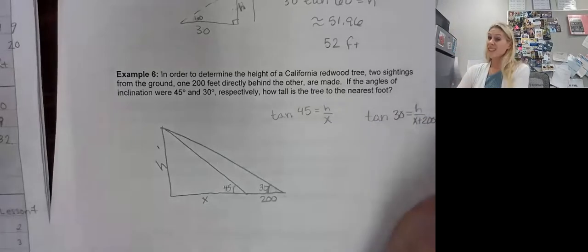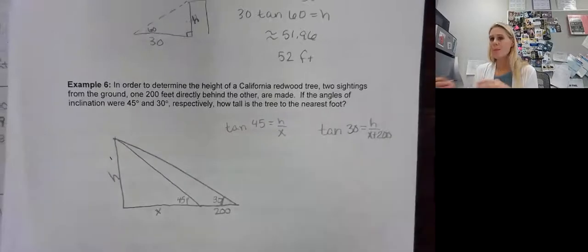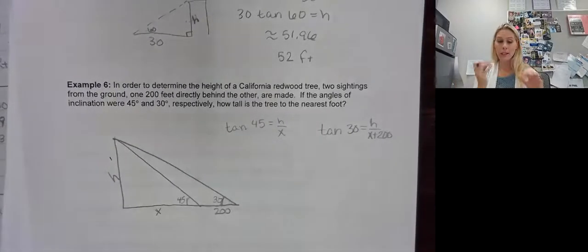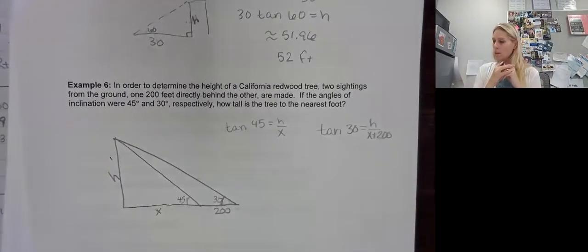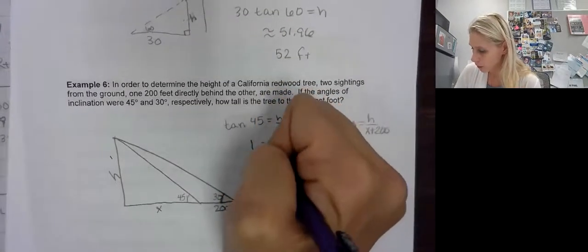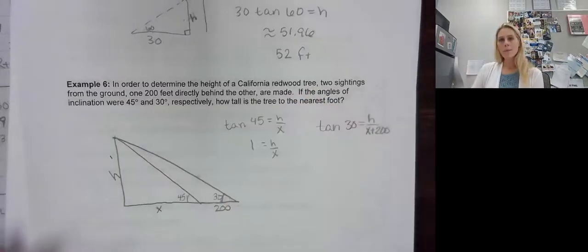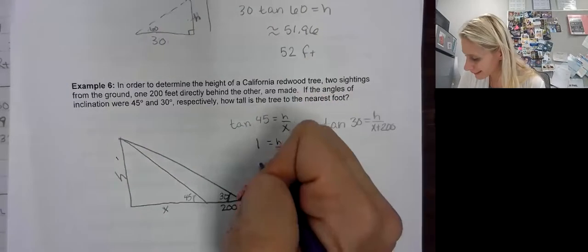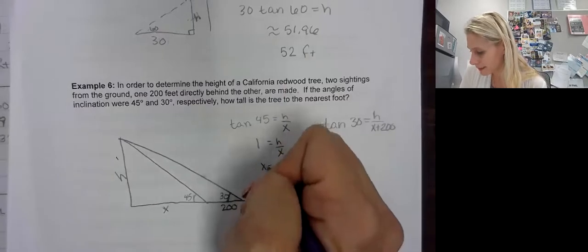All right, there's a lot of variables in here. We want to make sure that this is really going to be okay. Well, let's actually calculate the tangent 45 and the tangent 30. Well, tangent 45 is 1. So 1 equals h over x. What does that mean? That means that x equals h.